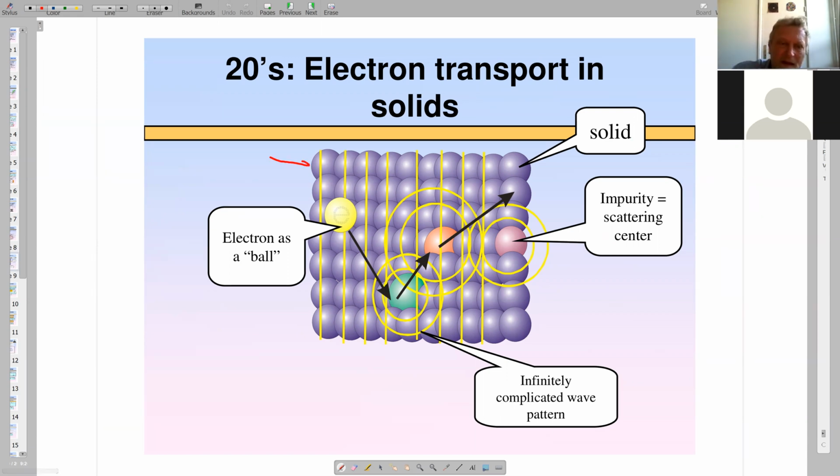Right? So I draw here a Bloch wave, an electron state with equally spaced wave fronts. Everything is fine, and it's a pretty good description of a solid if there are no impurities.